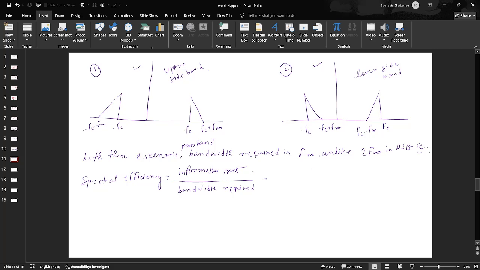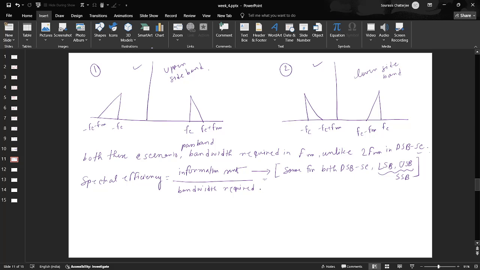So let's focus on the information sent part. This is the same for both DSB-SC or lower sideband or upper sideband. These two together we call SSB or single sideband. The information sent remains the same for both the single sideband scenario or double sideband scenario.